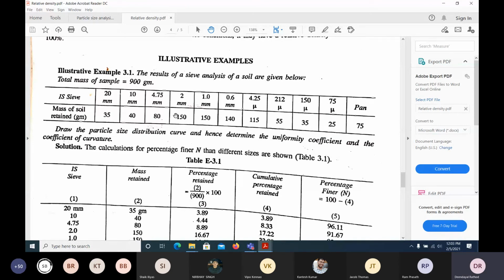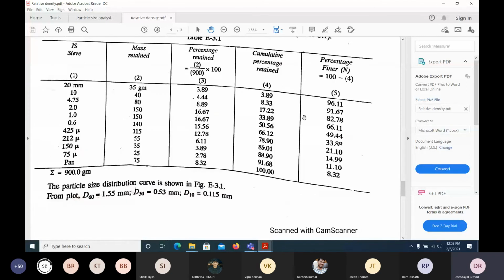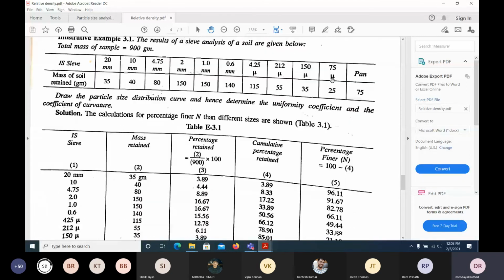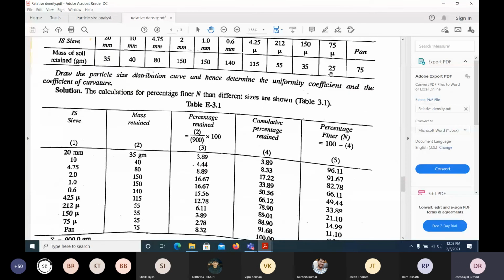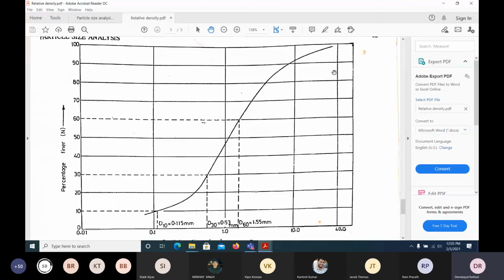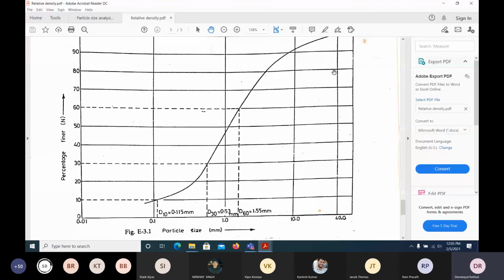So maybe next class we'll focus on this pan thing, whatever we have collected in the pan. There is a method called hydrometer analysis. That also will give the curve. I mean, here whatever we have drawn is this S curve. Up to 75 micron we have drawn.